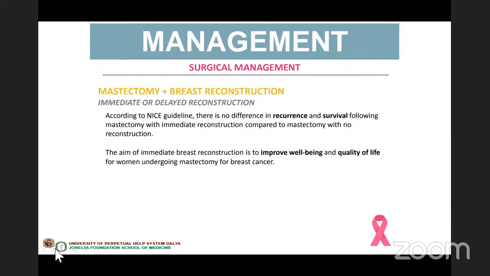So you could do breast reconstruction. There's no difference in survival and recurrence. The goal of reconstruction is to improve well-being and quality of life for women undergoing mastectomy for breast cancer.